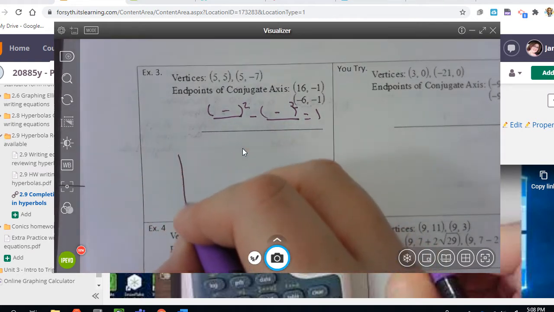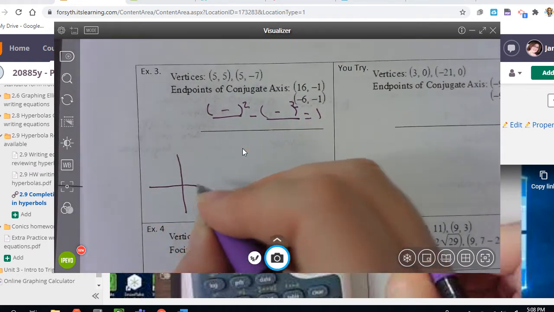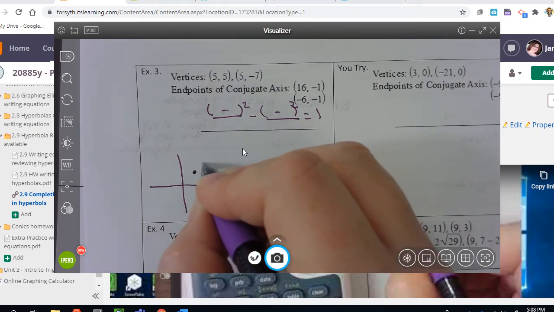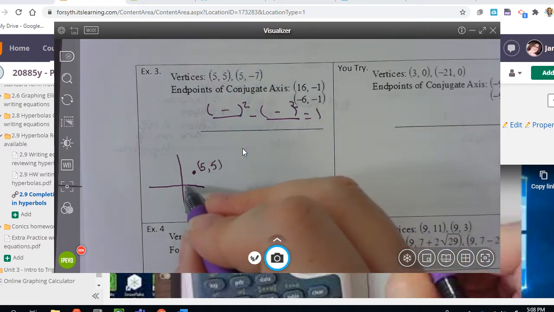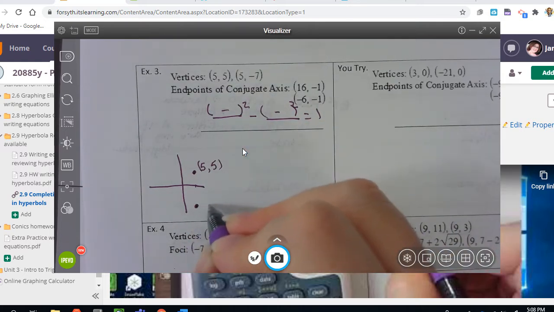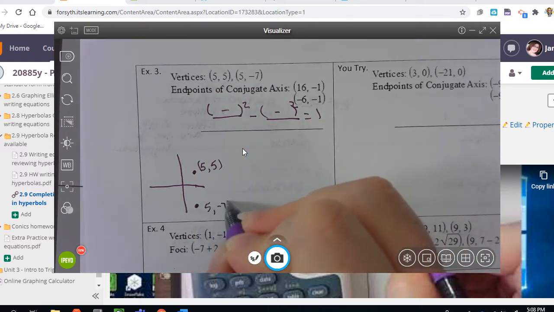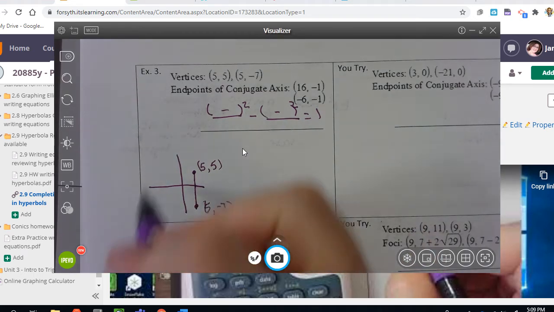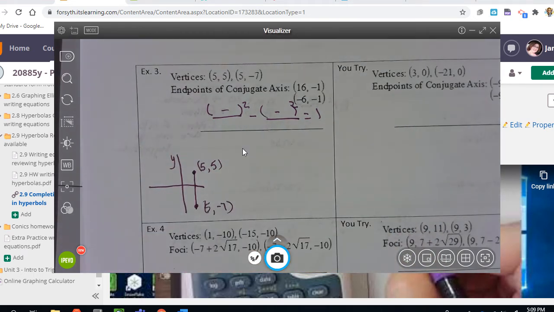So I'm going to go down here and I'm going to draw 5, 5, roughly here, okay, 5, negative 7, 5, negative 7 down here. It's going to open up in a y direction because it's parallel to my y-axis.